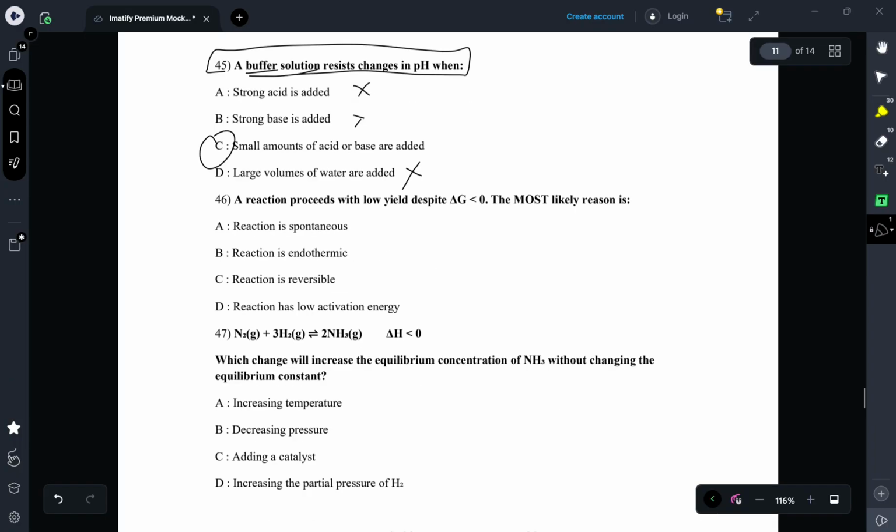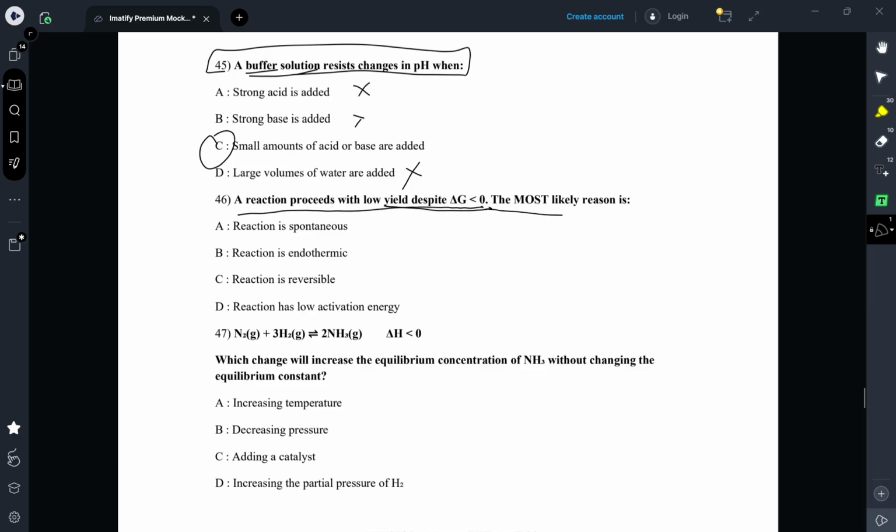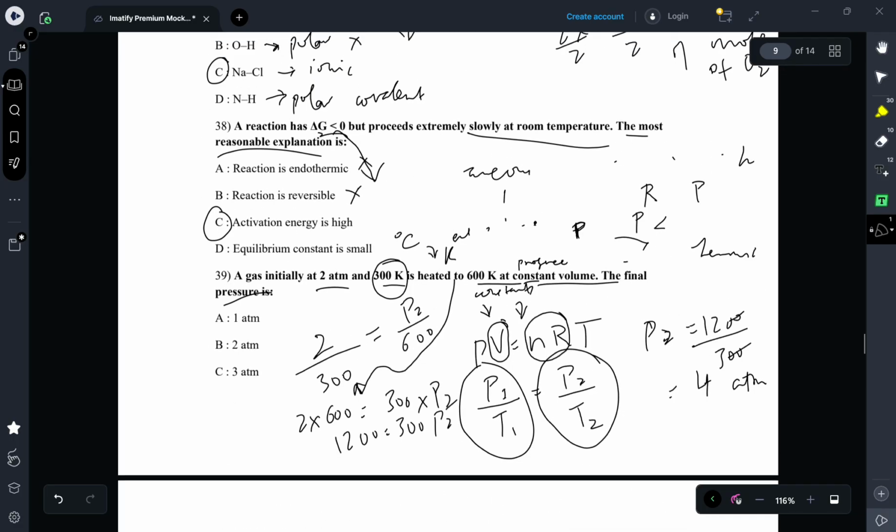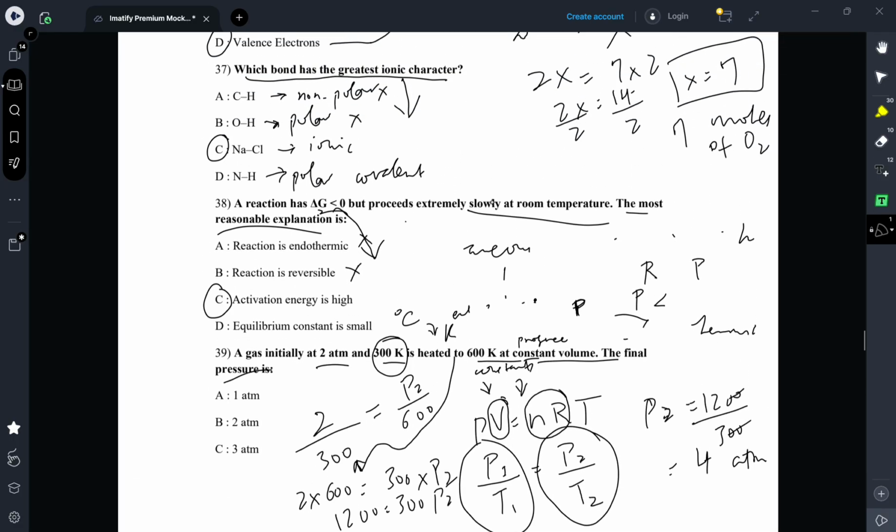Okay, so a reaction proceeds with low yield despite delta G, Gibbs free energy, being less than zero. The most likely reason is, so low yield. Now here it says low yield, and the difference between this question and the earlier question is that there they were asking about reaction rate, and the most reasonable explanation was activation energy, because activation energy affects reaction rate.